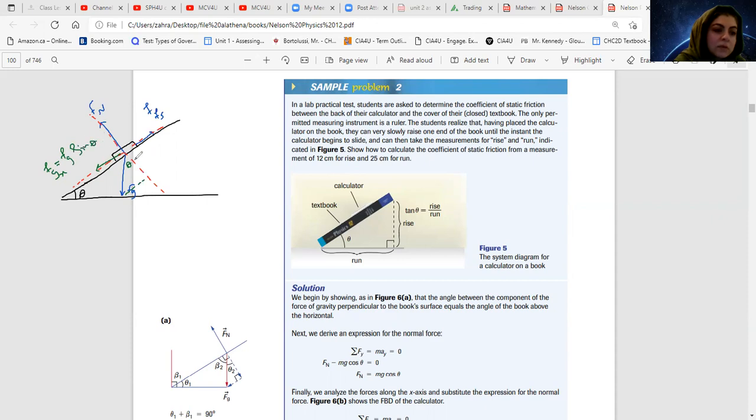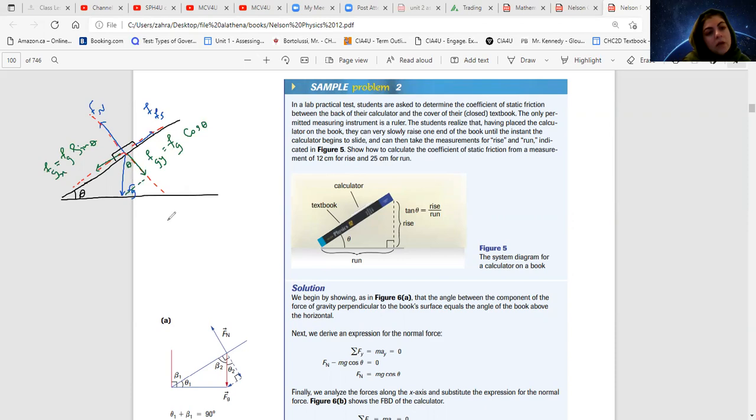And the y component, because y is adjacent, F of g in the y direction is F of g multiplied by cosine theta. And everyone knows F of g is mg.